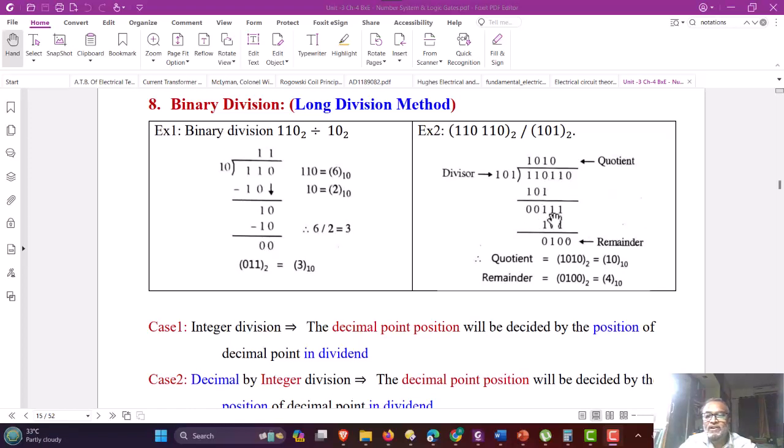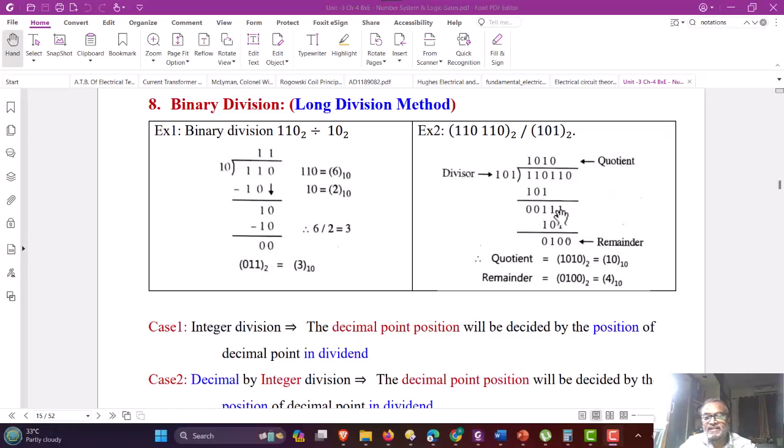We will take 1 down with it. Then the sub remainder will be 0011. The divisor is higher, so the quotient will be 0. Again, we will take the next bit down. So we will get the sub remainder as 111.